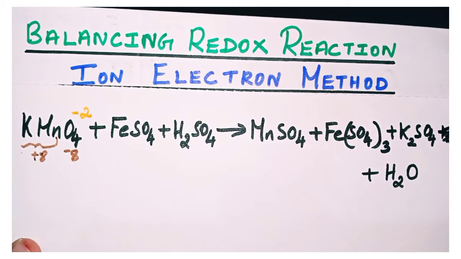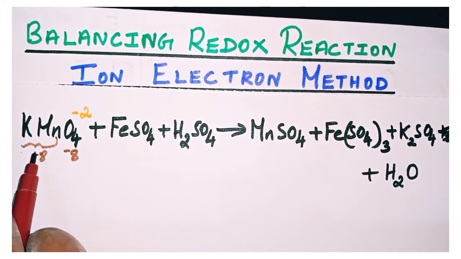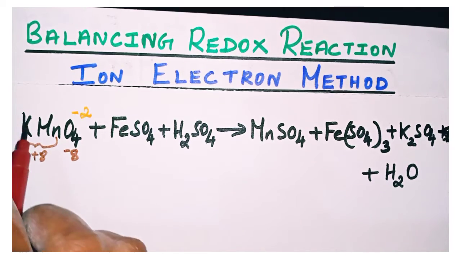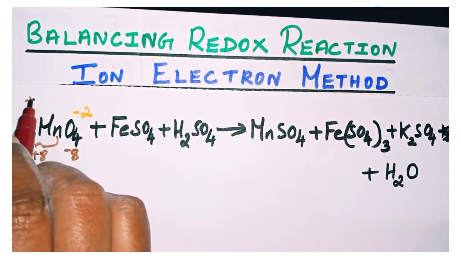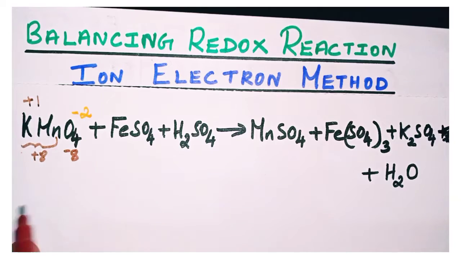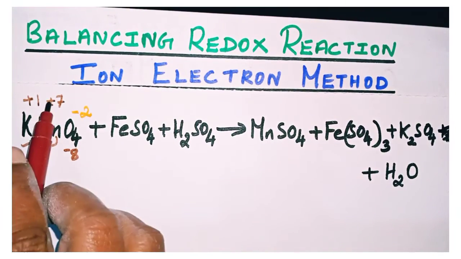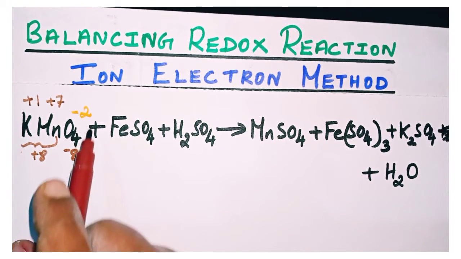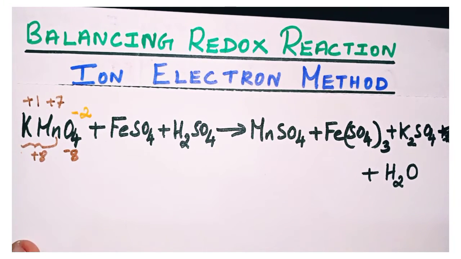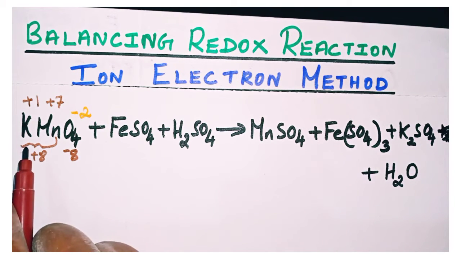For potassium it is +1, so for manganese it will be +7. So +7 plus 1 is +8, and +8 minus 8 becomes 0. So the molecule is charge neutral. Now we found the oxidation state for manganese is +7 and potassium is +1.